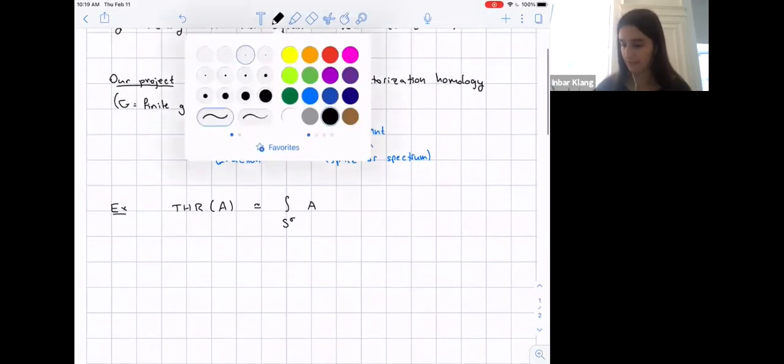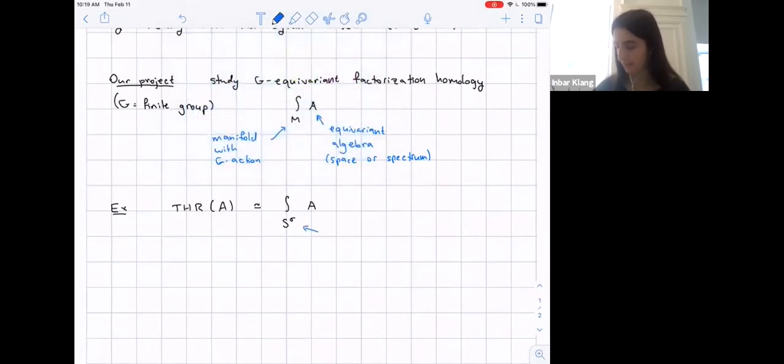This S sigma is the circle with reflection, C2 action, where C2 is the cyclic group of order 2.